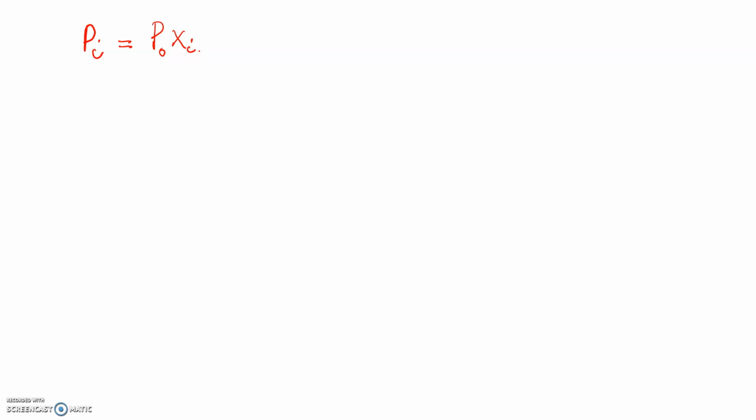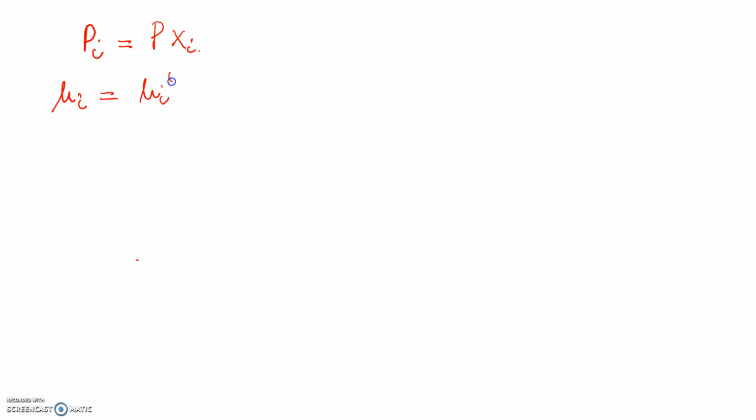Partial pressure of a component in a mixture of gases is equal to the total pressure into the mole fraction of that component. Sometimes you put P0 and sometimes you don't. You just write it as P. From this equation, we have another equation.